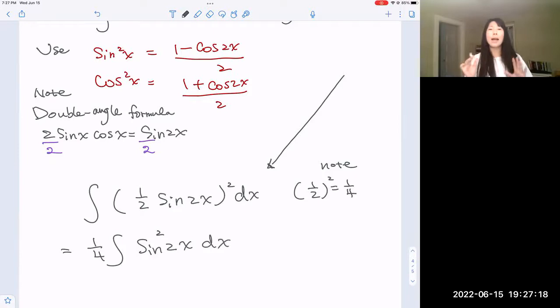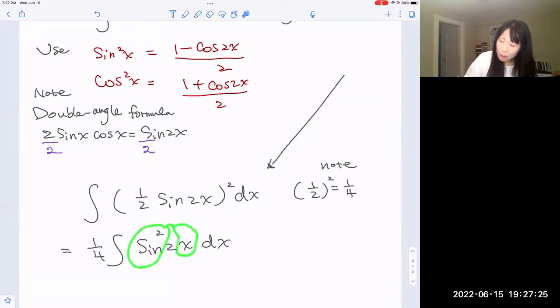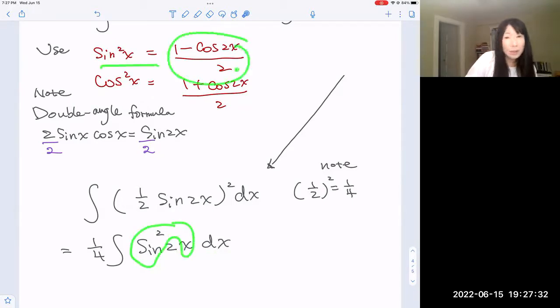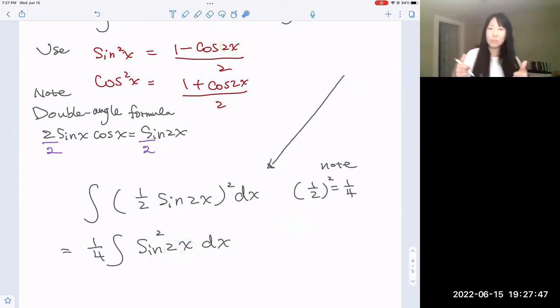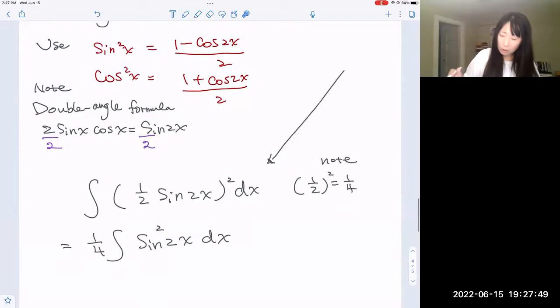Okay, now, can you see that we have sine squared x equal to that? But then look, x corresponds to 2x, so we are going to make 2x into 4x. Yes, excellent. Okay, so we are going to do that.